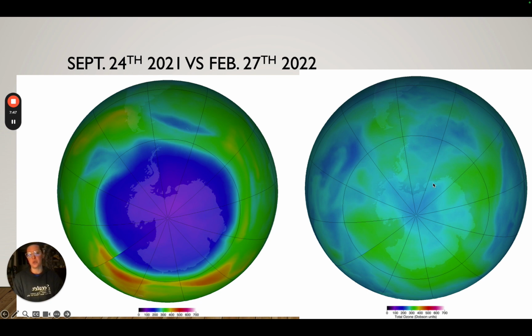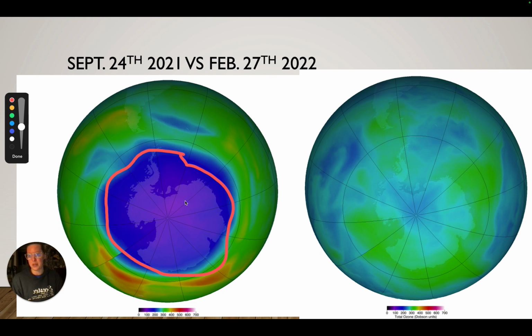So you don't see those dark purple or blue hues, but we can, so it's something that kind of fixes itself in a sense throughout the year. But what scientists are concerned about is the overall size of this hole, right? We don't want it to be as big as that. We would like for it to be much, much, much smaller, right?